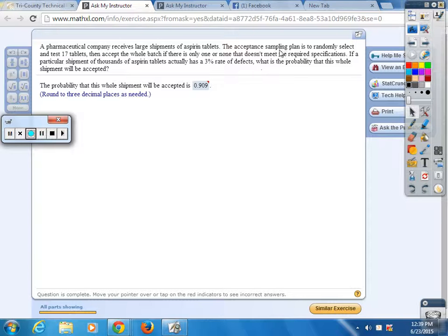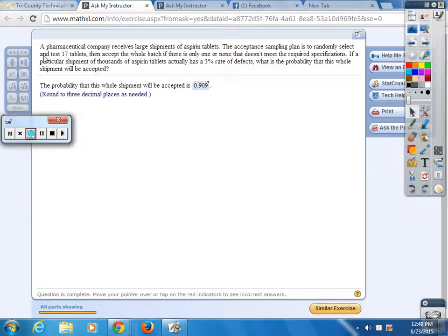The acceptance sampling plan is to randomly select and test 17 tablets. Then accept the whole batch if there is one or none that doesn't meet the required specifications. If a particular shipment of thousands actually has a 3% rate of defects, what is the probability that this whole shipment will be accepted?